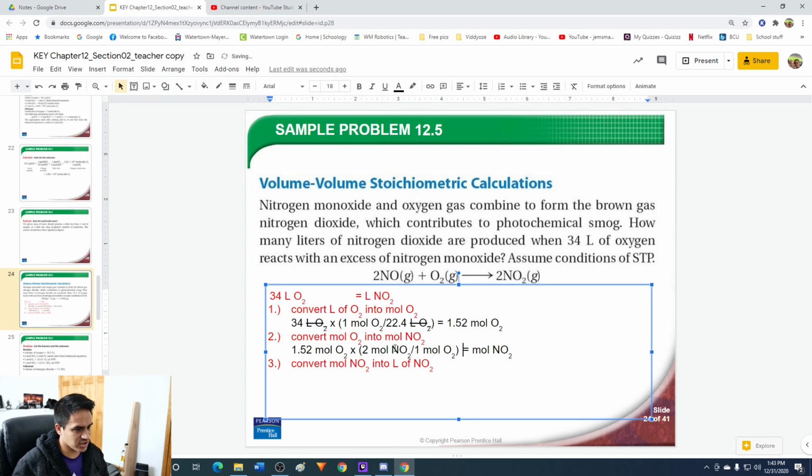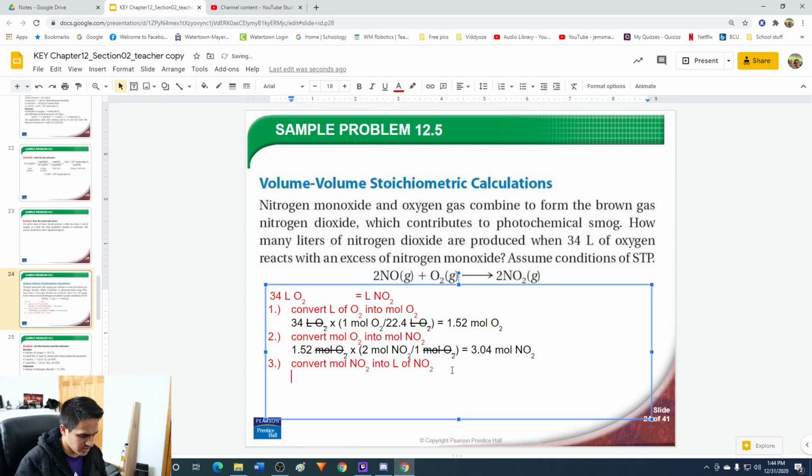Those numbers come directly from the balanced equation written up above. So moles of O2 will cancel with moles of O2. We take 1.52, multiply it by 2, and I get 3.04 moles of NO2.